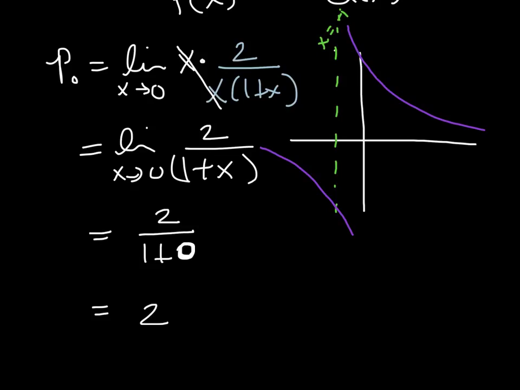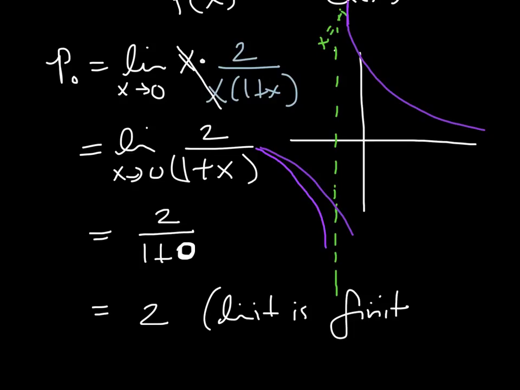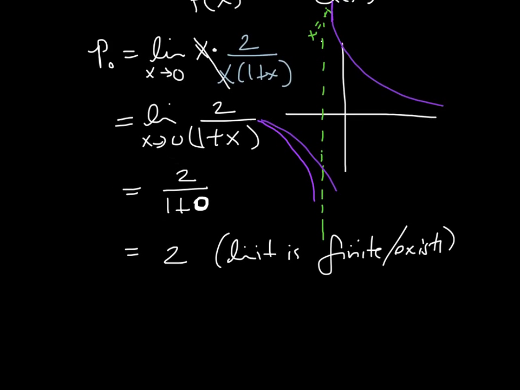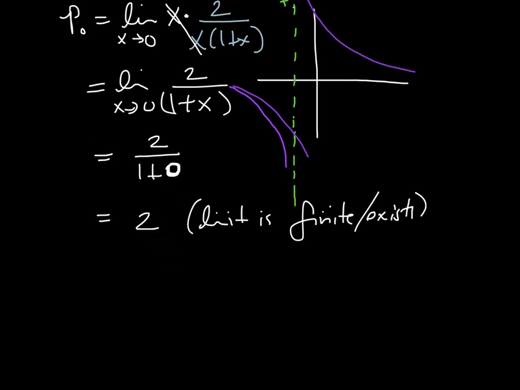Remember, the graph gets closer and closer to this asymptote, but it never actually touches. So the limit is 2. It definitely exists. So obviously the limit is finite, or it exists.